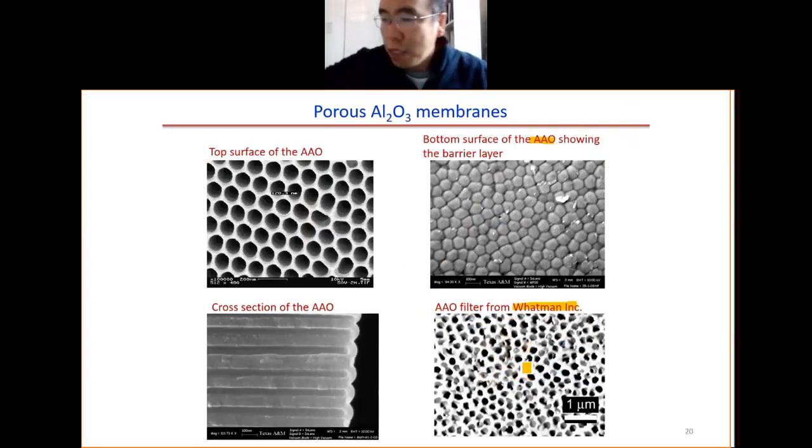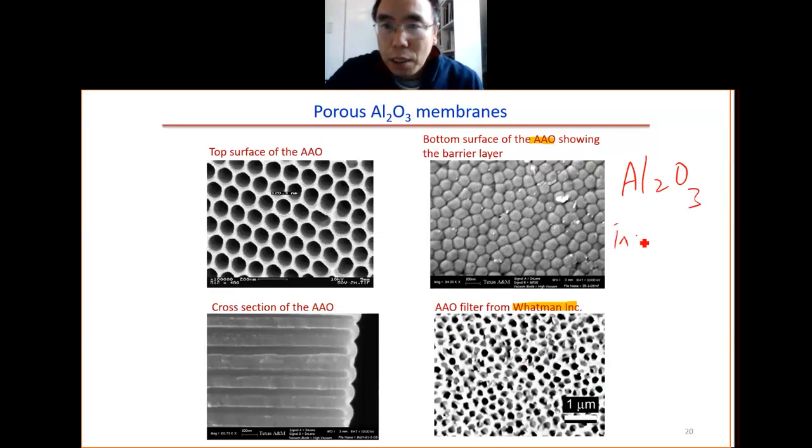What is the advantage of this filter compared to other types of filters? First, this material, aluminum oxide, is inorganic. Inorganic means it will not be attacked by most solvents. So if we want to filter some solvent, this will be safe.